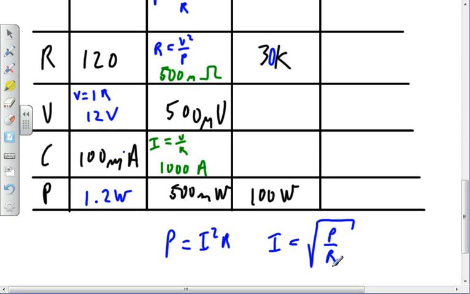Boom. 58 milliamps. Way to go. I put it right there in voltage and called it amps. I tell you.